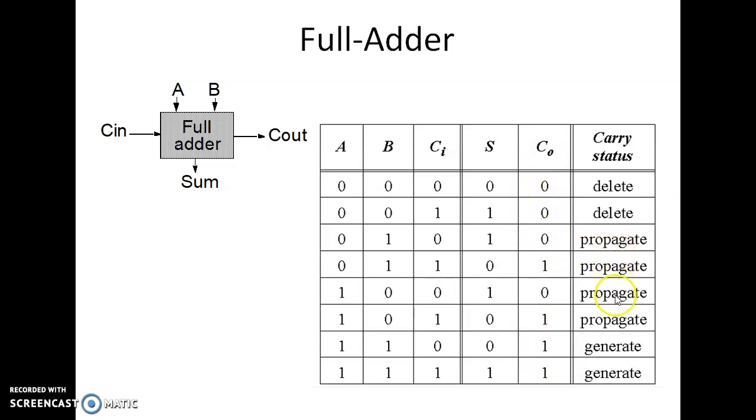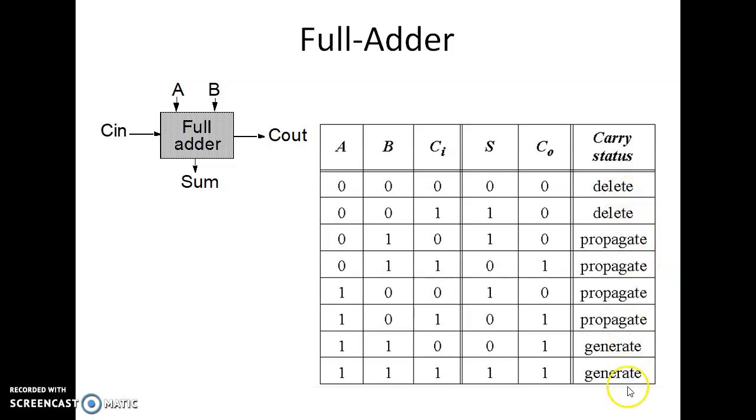Coming to propagate, when one of the inputs of a and b is 1 and the other is 0, in these four cases, whatever the input carry is, the same is the output carry. Input carry is 0, output carry is also 0. Input carry is 1, output carry is 1. We can observe the same situation for the next two cases also. So this is propagate.